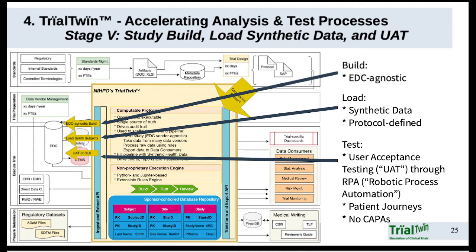This is all automated, so you don't have to have individuals manually entering test patients and then testing all the forms and all the edit checks and all the rules. This is fully automated. The goal here is to eliminate gaps, to make sure that we test every possible variation and that what you expect the EDC to do is actually what the EDC does.